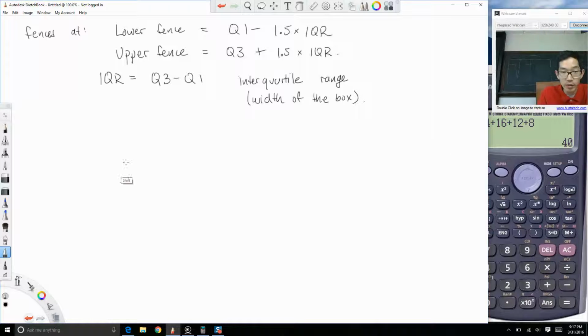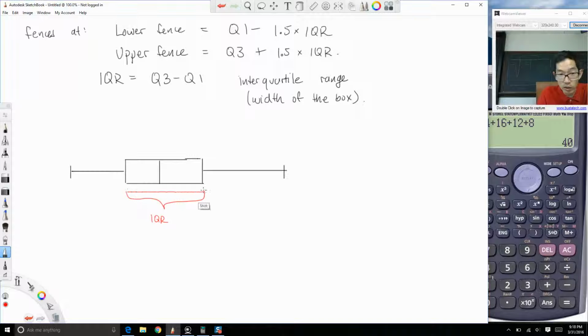Okay, so when we had the box, you're basically going to take the width of this box. This is the IQR, the width. Okay, and you're going to go 1.5 times this length. So this is 1 IQR, and then plus a half of that, and I'm just kind of eyeballing.